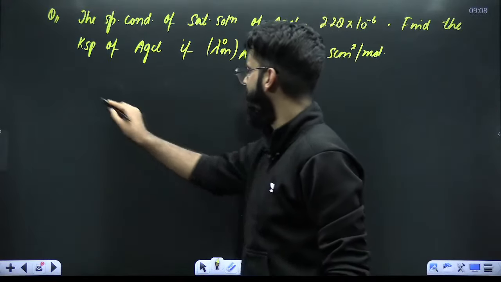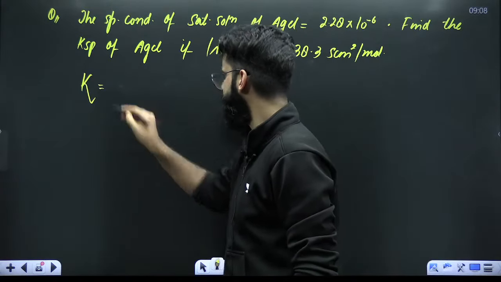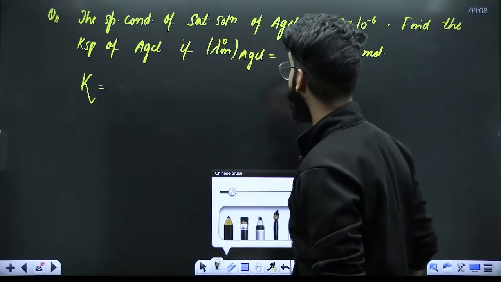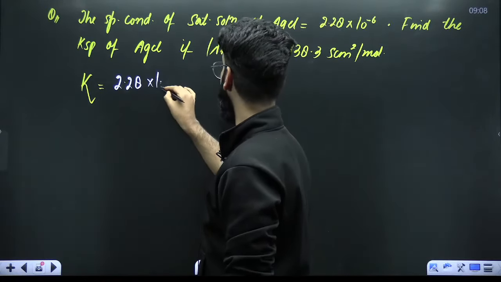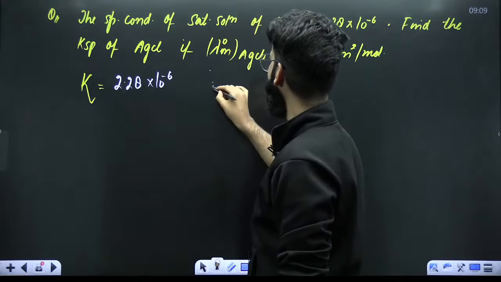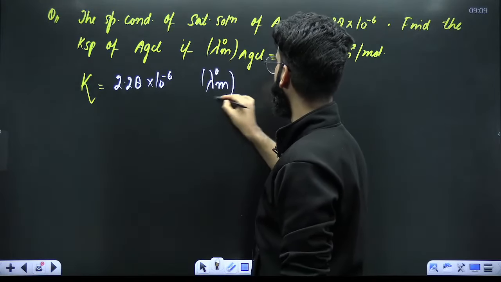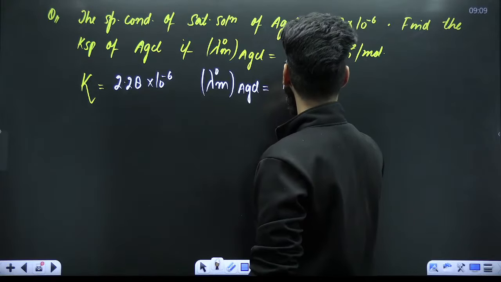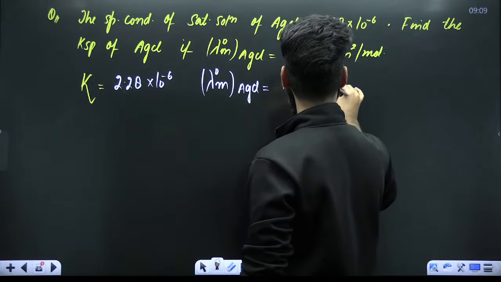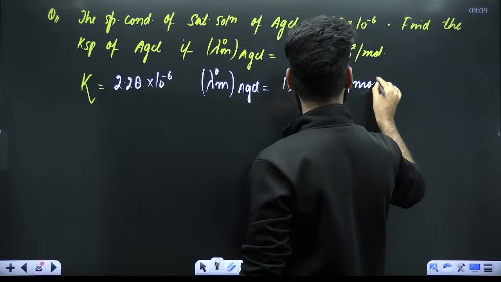Well, my dear students, the conductivity kappa value is given to us. The conductivity of AgCl is given, 2.28 × 10^-6. At the same time, the molar conductivity at infinite dilution for this saturated solution of AgCl is 138.3 Siemens centimeter square per mole.